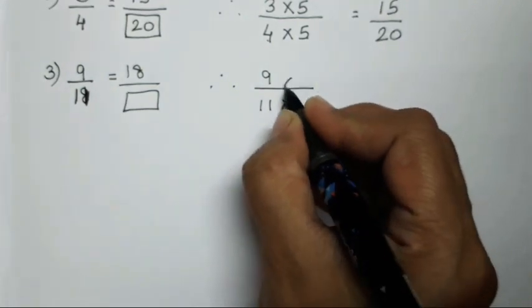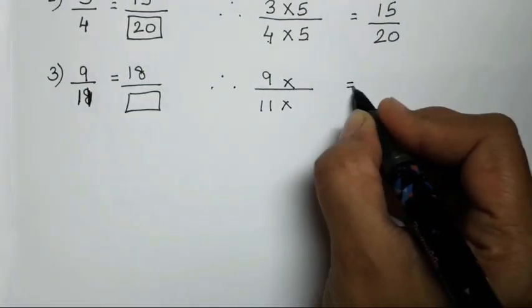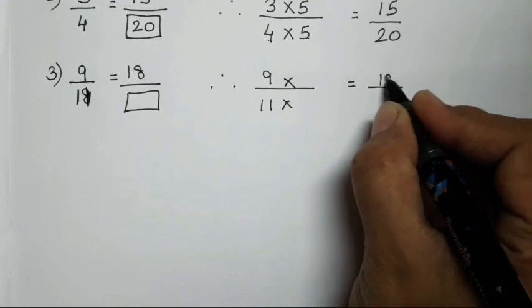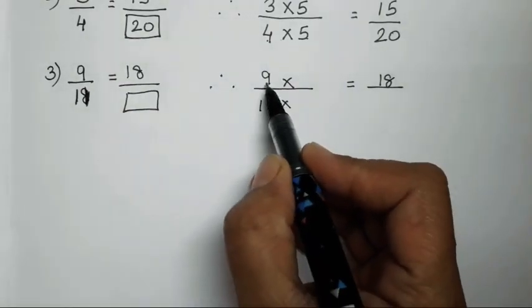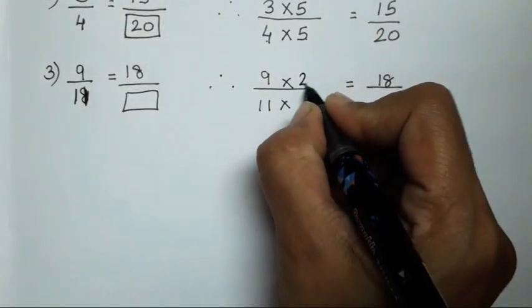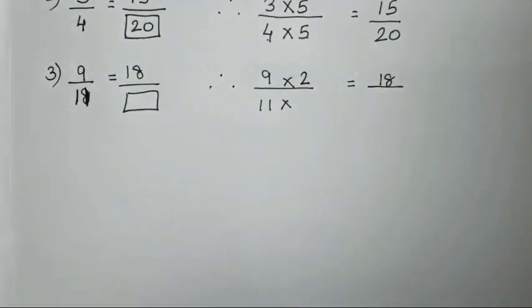Okay, so don't get confused with the numbers. What you have to do are the simple steps that I have shown you. This is the simplest way you can solve the fraction in order to find the denominator or numerator. So if we multiply 9 with 2, you are going to get 18.